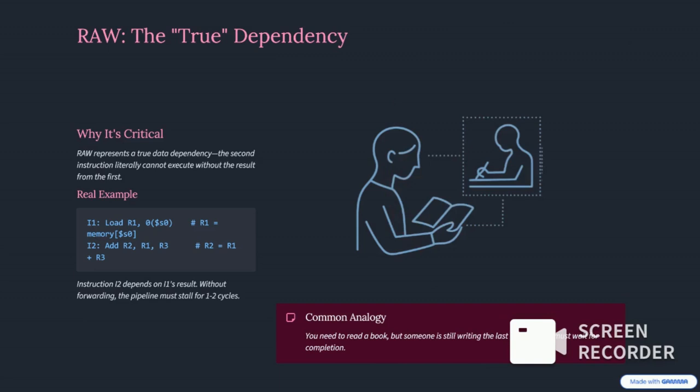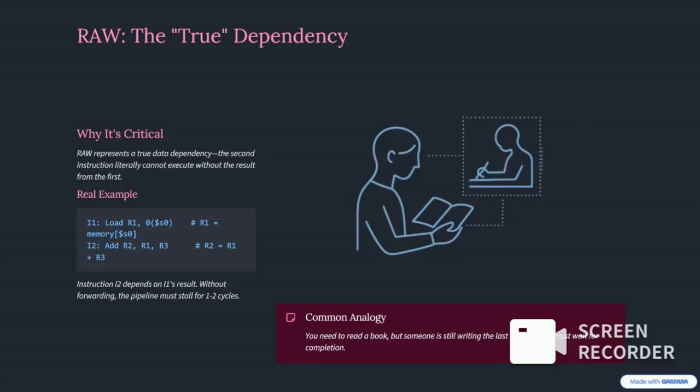The true dependency. Let's focus on the most important one, RAW, or read after write. This is called a true dependency because there is no way to avoid it. Imagine this: instruction 1 writes a value into a register. Instruction 2 needs that value. Instruction 2 literally cannot proceed until instruction 1 is finished.